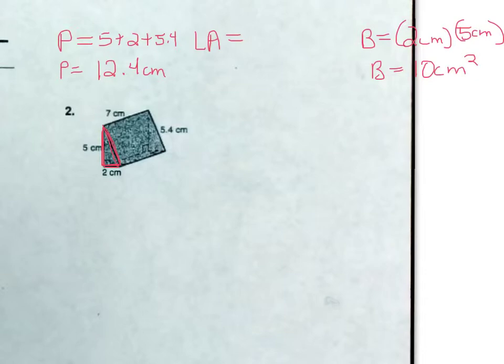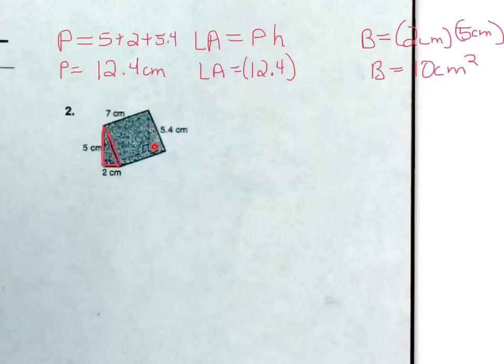Now, lateral area. If you look at the formula for the lateral area, it's perimeter times height. So the lateral area, I already know the perimeter, that is 12.4 times the height. And see, this is placed on one of the sides of the lateral faces. See, this right here, it's not the base.